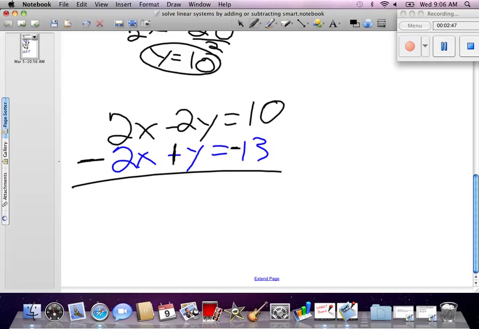Okay, Melissa, what do I do now? The two x's cancel out, and then I'm left with? I'm sorry, if your name is not Melissa, please don't answer. What's negative 2 plus 1? Negative 1y. And 10 minus 13?